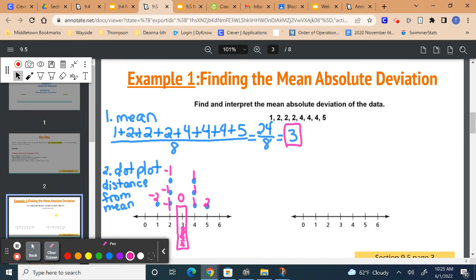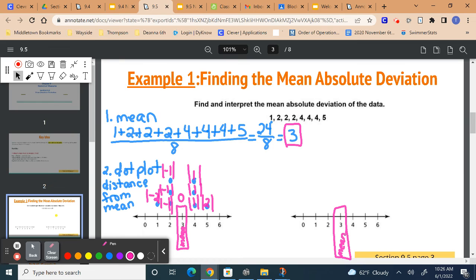It's your distances away. So now when we do distance, you need to do absolute value. This is why we go over to the other number line. We say 3 is our mean, but now we have to solve all the absolute values.